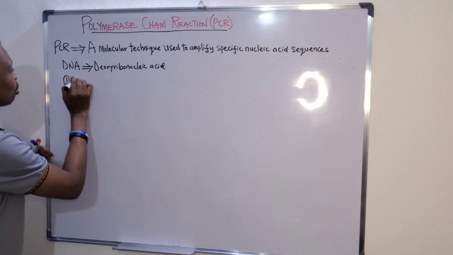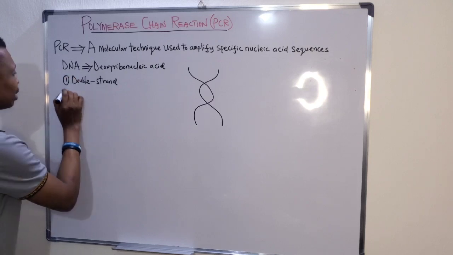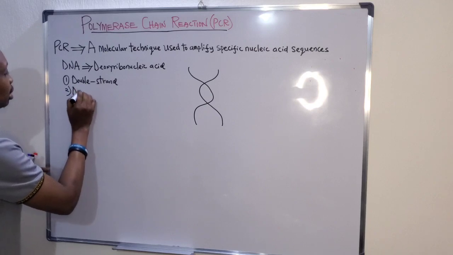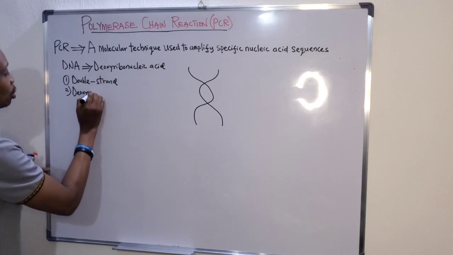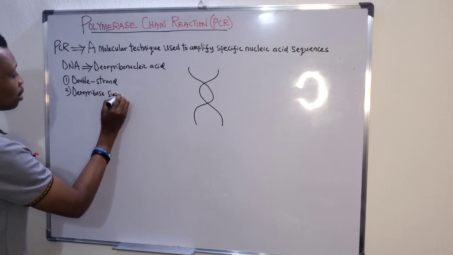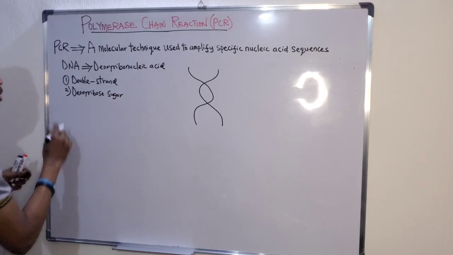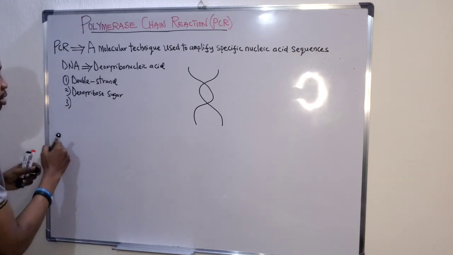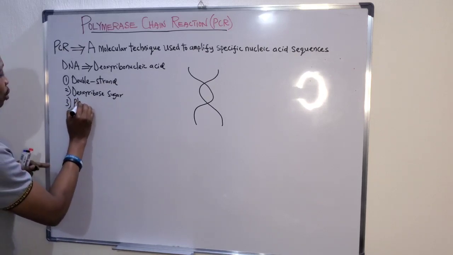Second, it contains the deoxyribose sugar, and then it contains a phosphate group.